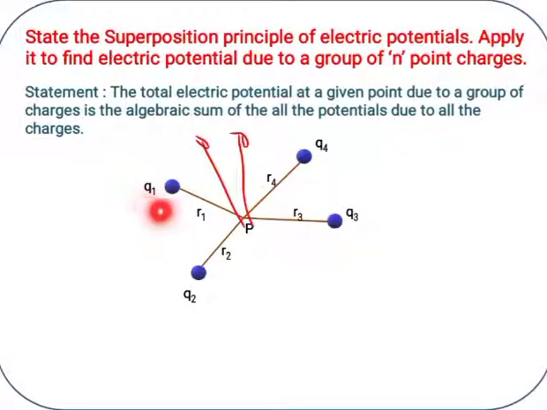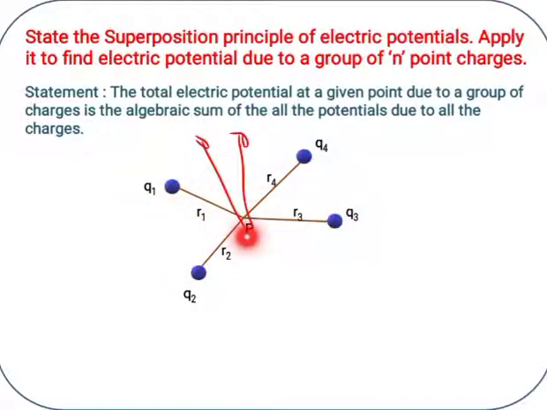Now if we join the lines from Q1 to P, Q2 to P, and Q3, Q4 to P, where P is a point, these lines are imaginary. Whatever we have assumed here in this diagram is imaginary.